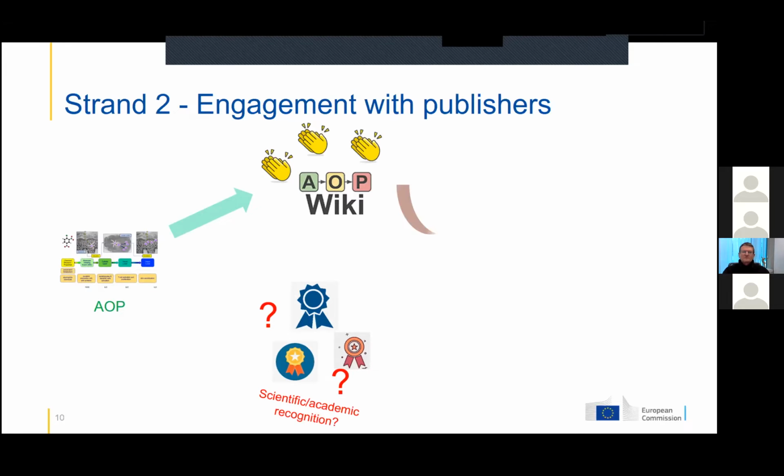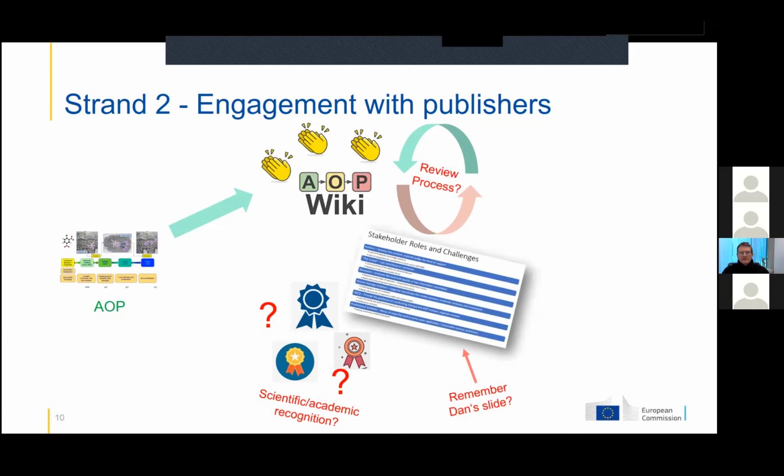Maybe not so. And another issue is that the review process, and Dan already explained how complex that review process is, and Natalie will go deeper into that, is also on the shoulders of a few volunteers that are associated with the AOP Wiki or with the AOP framework. So you remember Dan's slides, all these stakeholder roles and challenges, most of the AOP related responsibilities lie on the shoulders of very, very few people and volunteers.